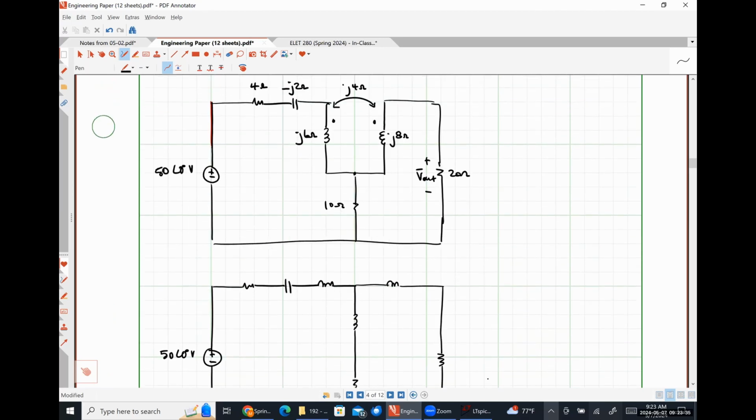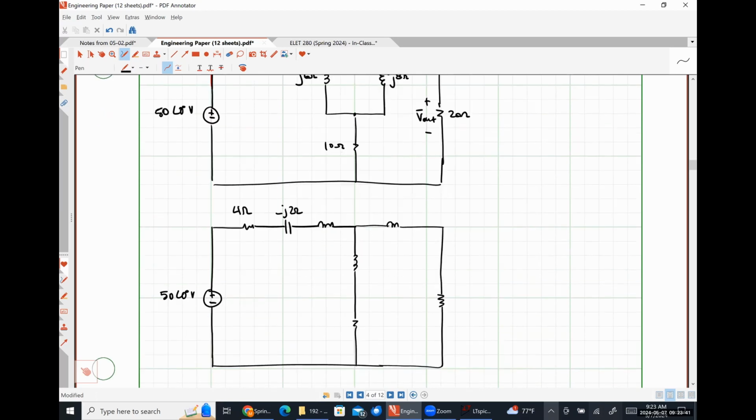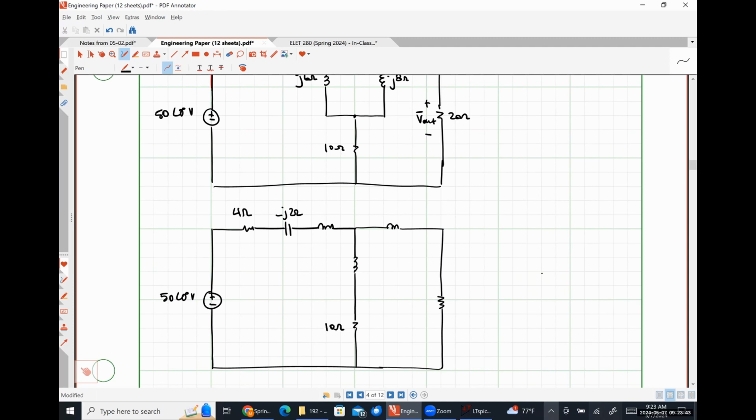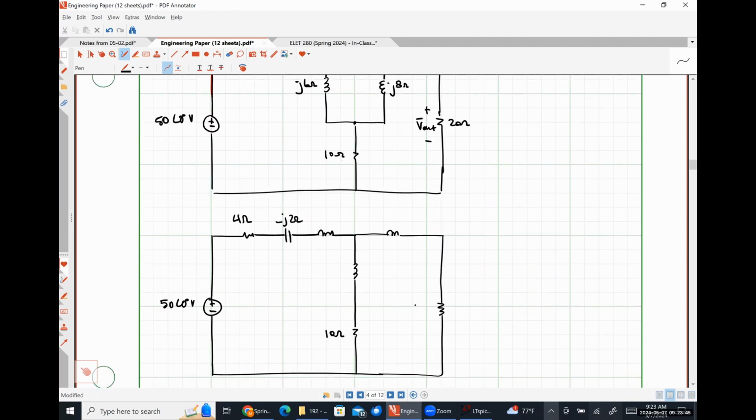So let's see here. This 4 ohm is going to stay the same. This minus J2 ohm is going to stay the same. This 10 ohms down here will stay the same. This 20 ohms right here will stay the same. Here's V out.